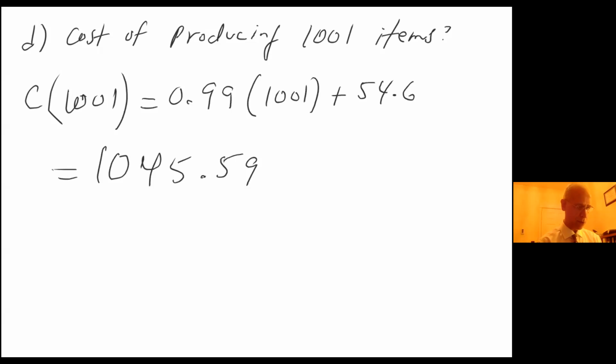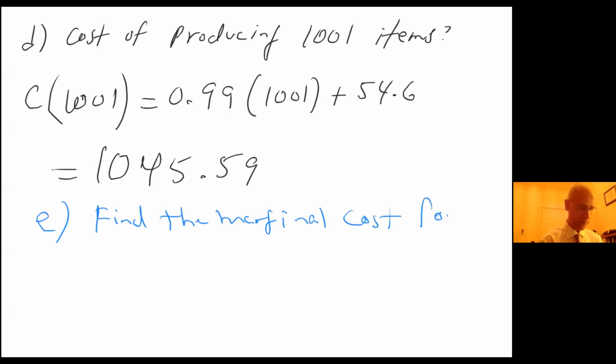Here's the reason. Let's go part E. Part E, find the marginal cost for 1,001 items. What was the marginal cost for producing the very last item?